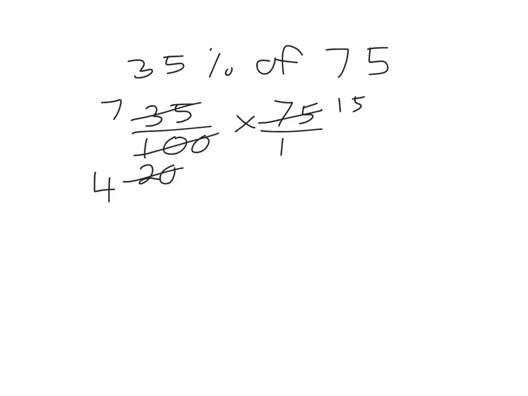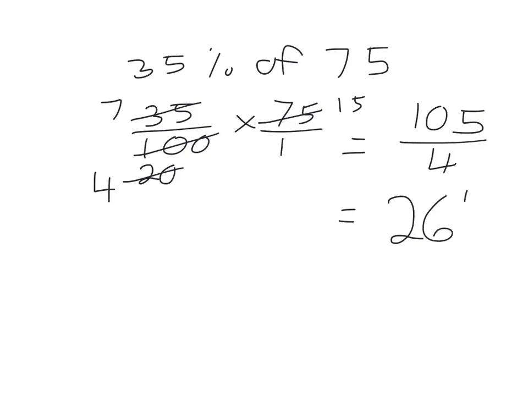Not that I can see, so then it's the top times the top, numerator times the numerator, so it's 7 times 15, 7 5s are 35, that's 105, and 4 times 1 is 4. And then I can change it to a mixed number. 4 goes into 105 26 times, 4 6s are 24, and 1/4.